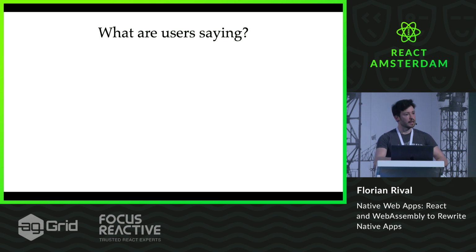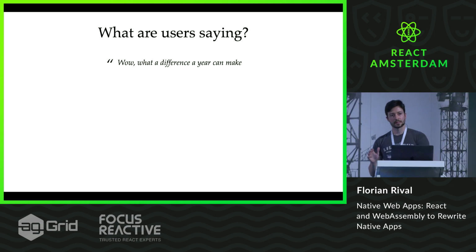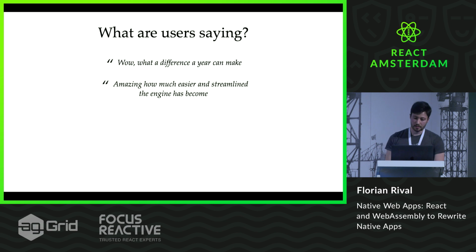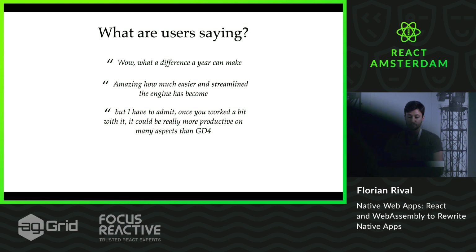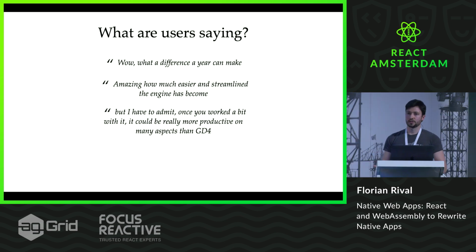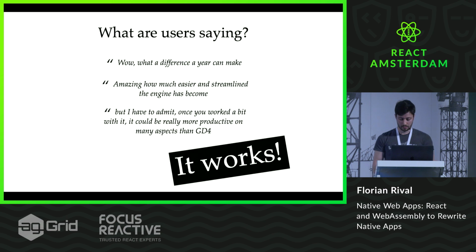I used WebAssembly to port the native code base, but I still had all the interface to redo on top of it. But after about one year of work, they started to say, okay, actually it might work. It's maybe even better than the previous version, and they can feel more productive using this new version than the old one.